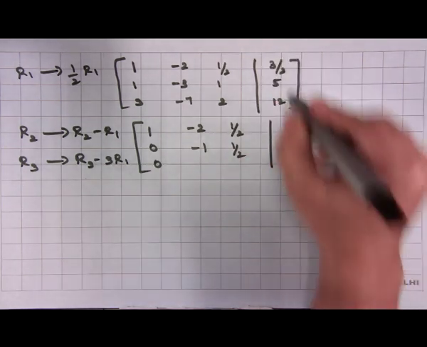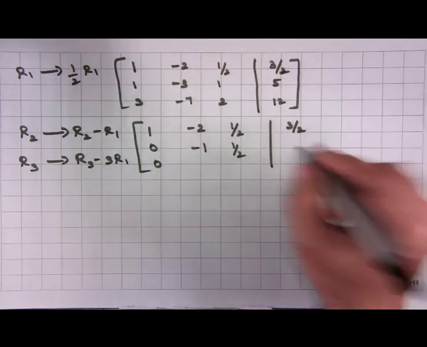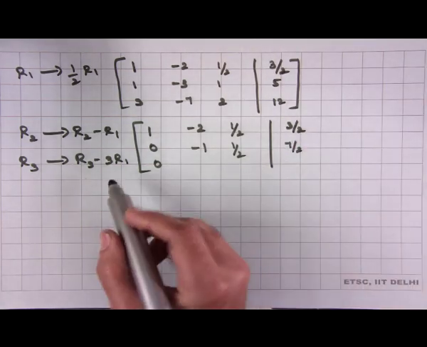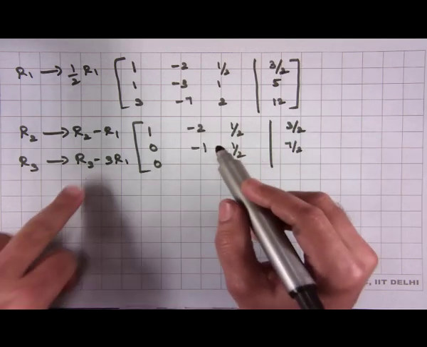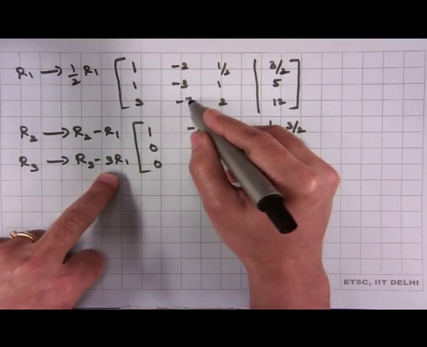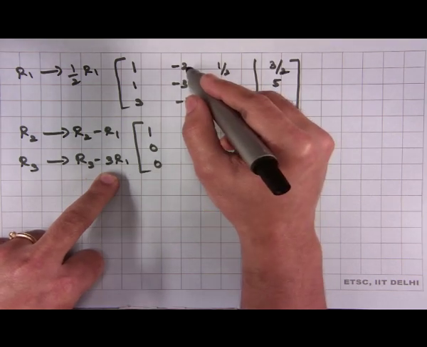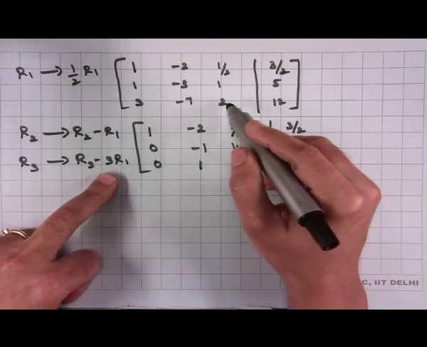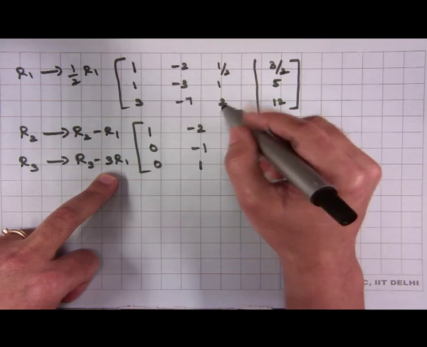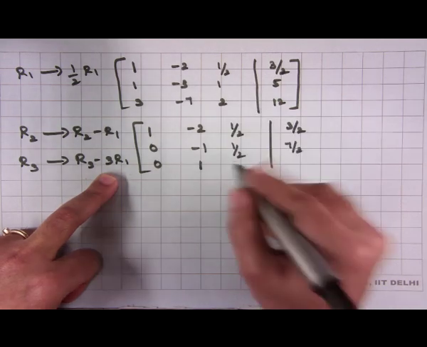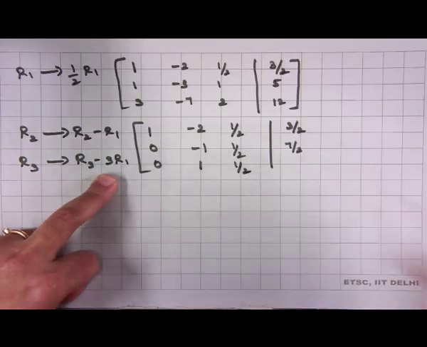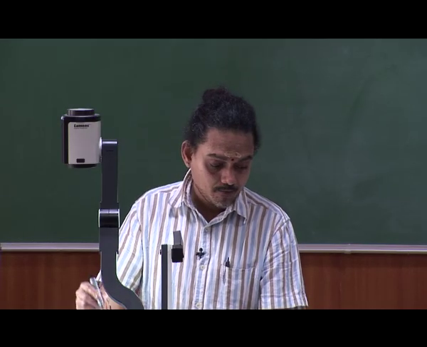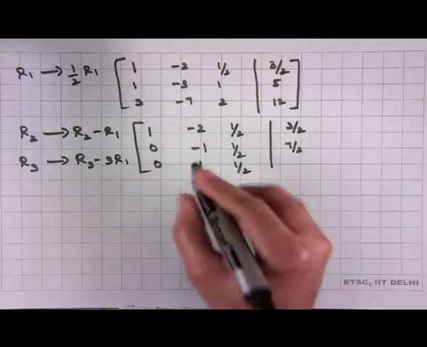and similarly 1 minus half, which is again half, 5 minus 3 by 2, which is 7 by 2. R 3: So, R 3 minus 3 times, minus 7 minus minus 6, which is just 1, and similarly 2 minus 3 by 2, which is half. So, I have a minus 1 over here.